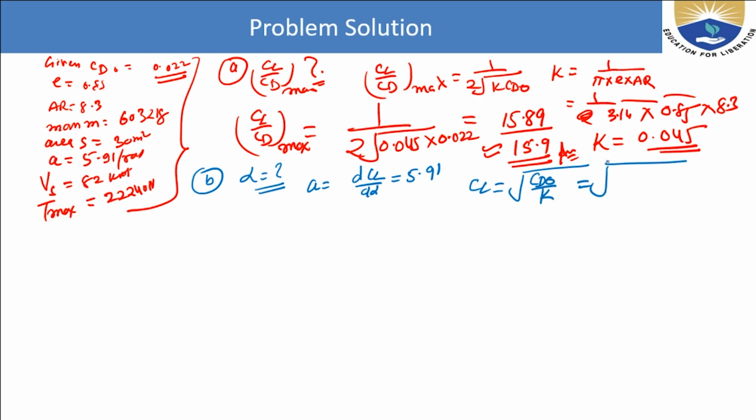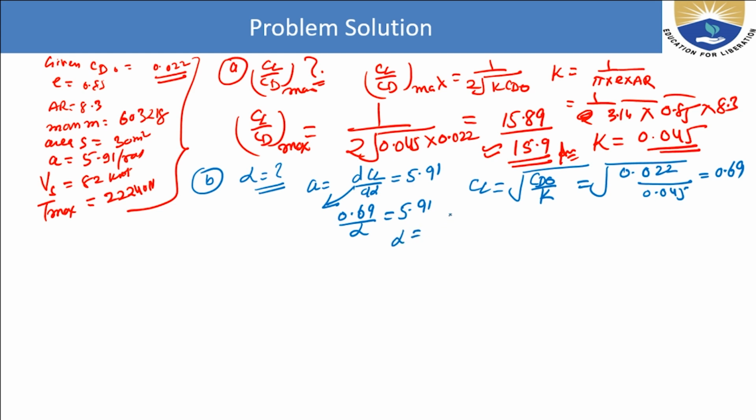We know the CD naught is 0.022 divided by K. We have got 0.045. So you will get 0.69. So we got the CL, and we will put it here. So 0.69 by alpha is equal to 5.91.